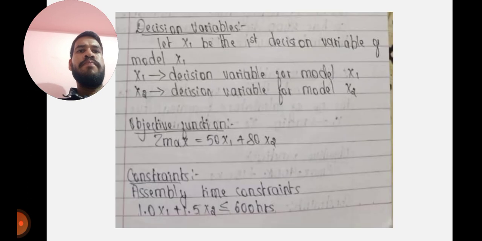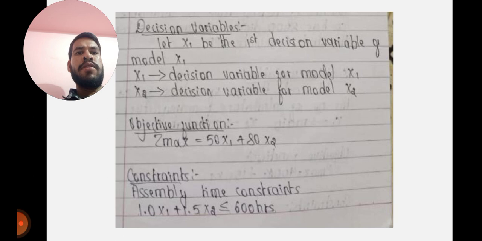Formulate. Decision variables: let x1 be the decision variable for model X1, and x2 the decision variable for model X2. Objective function: Z max is equal to 50x1 plus 80x2. Constraints.